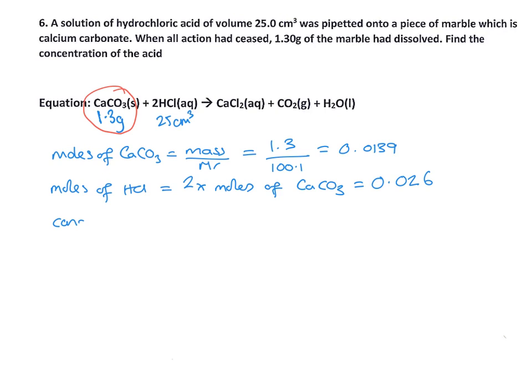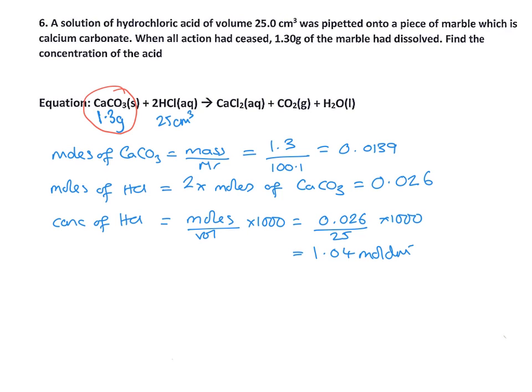We can now work out the concentration of the hydrochloric acid by doing moles divided by volume times 1,000. And that gives us a concentration of 1.04 moles per decimetre cubed.